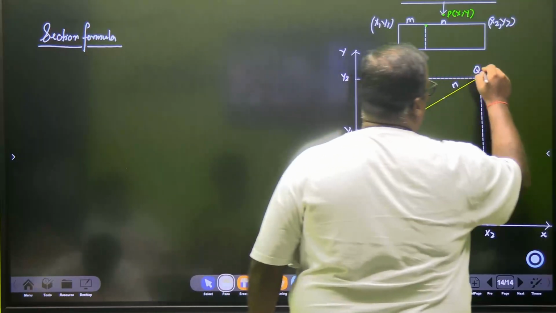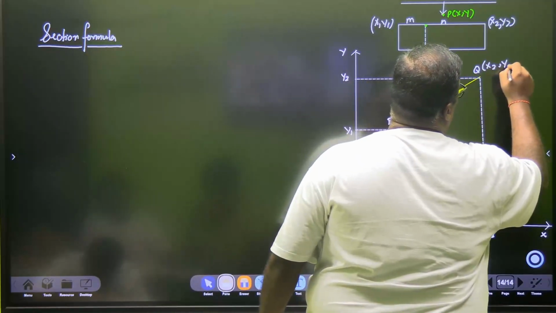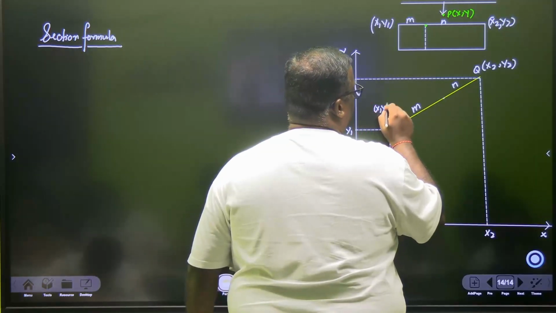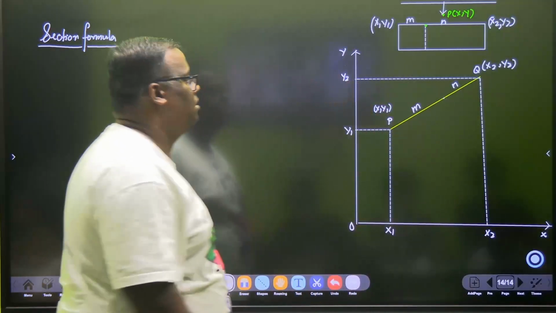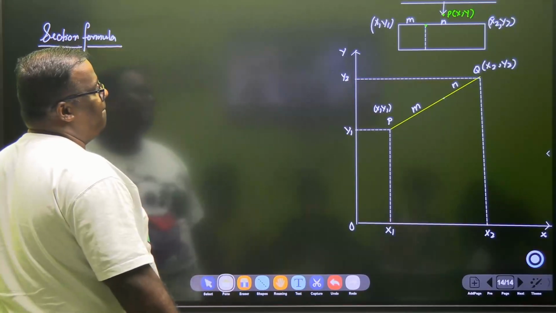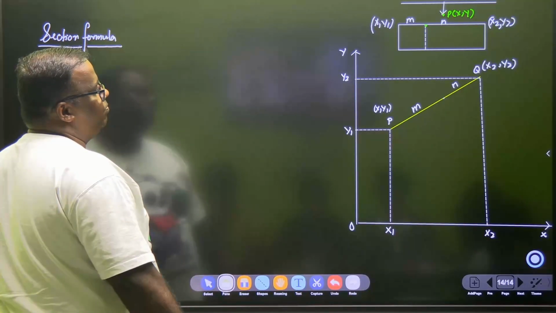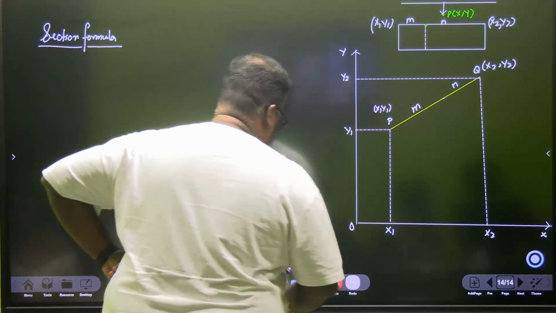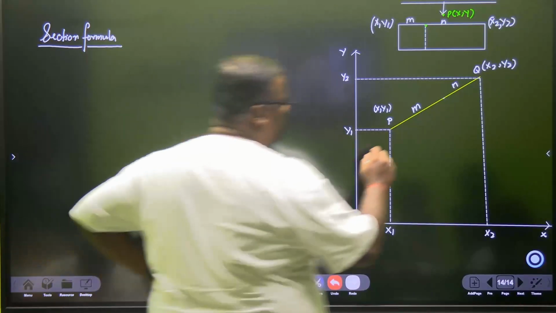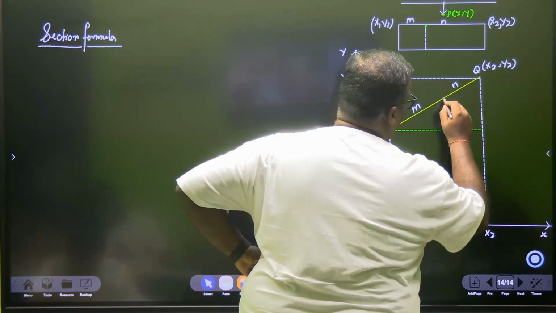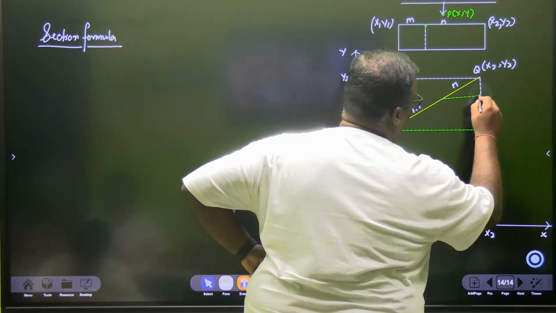So I call Q as (x2, y2) and P as (x1, y1). Okay. Some additional slotting we will do. We are extending this till here and we are extending this also till here.